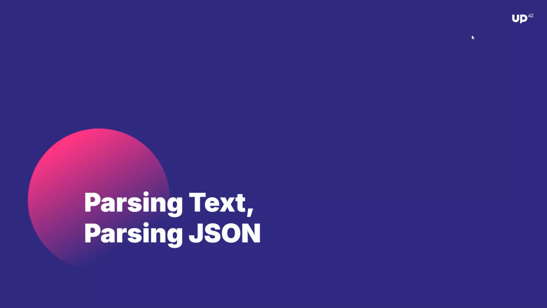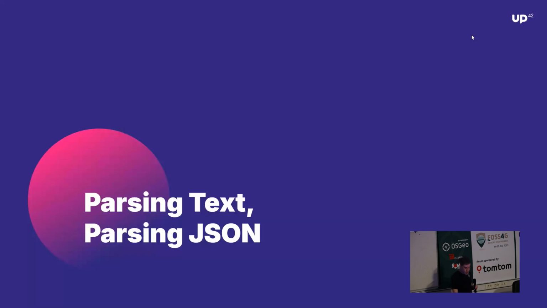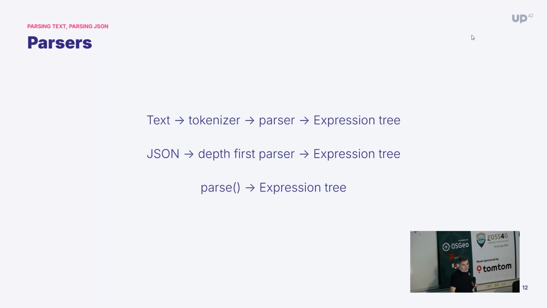Okay, so how do we actually use that? Under the hood, the library has two separate parsers, one for text, one for JSON. You can use either parser if you know what input you have.